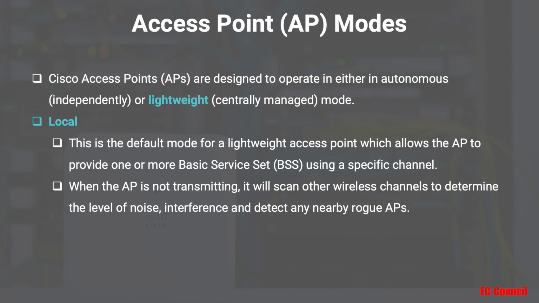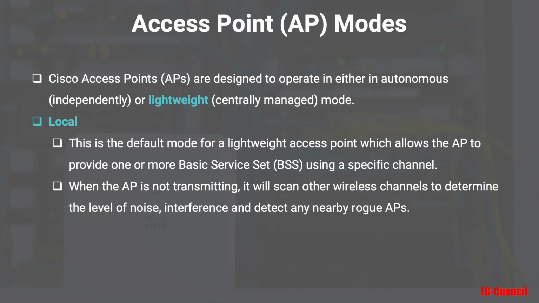Local is the default mode for a lightweight access point, which allows the access point to provide one or more basic service sets, or BSS, using a specific channel. When the access point is not transmitting, it will scan other wireless channels to determine the level of noise and interference, and even detect any nearby rogue access points.